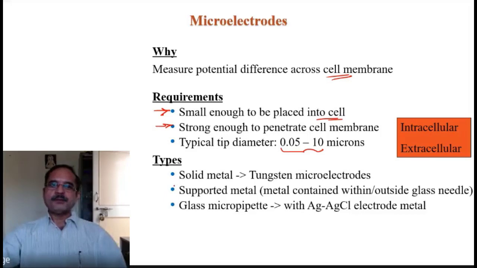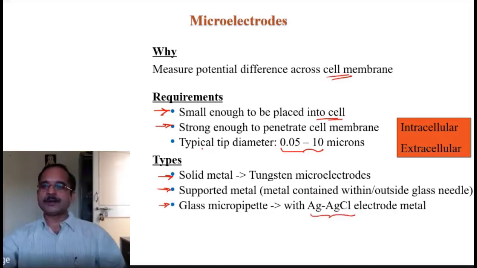The types of microelectrodes are solid metal, made of tungsten, then supported metal contained within an outside glass needle, and micropipette, which uses silver chloride as the electrode metal.